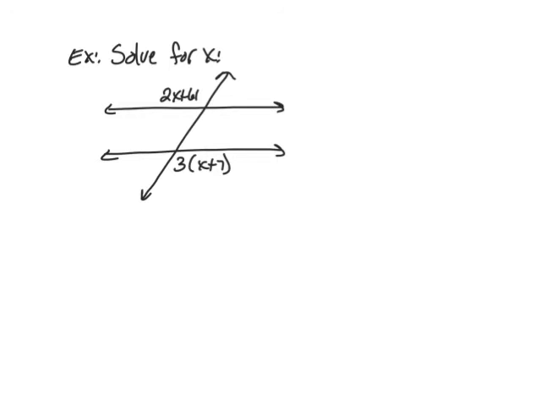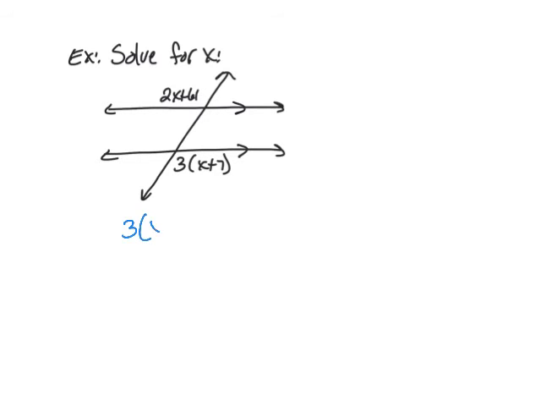Okay, for the next example, all I want to do is solve for x. In this picture they have to be marked. Here we're given that they're parallel. So when you have those extra arrows in there, that means the two lines are parallel. Here's our transversal. In this case, this is an alternate exterior angle. So just like alternate interior angles, alternate exterior angles are going to be equal to each other. So you would set them equal to each other.